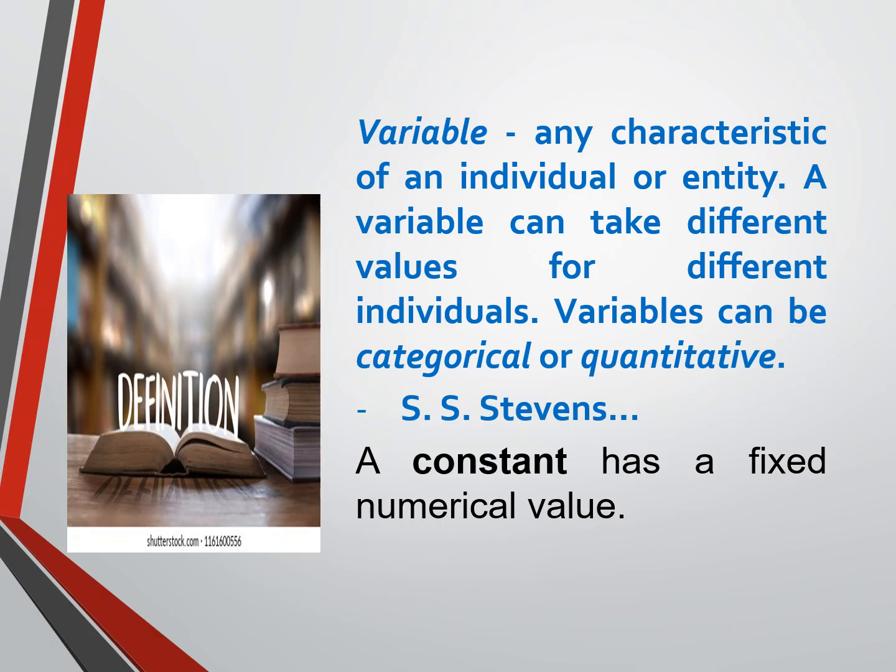Variable: any characteristic of an individual or entity. So we are going to study a particular individual. I have given the definition and the books are being shown. A variable can take different values for different individuals.